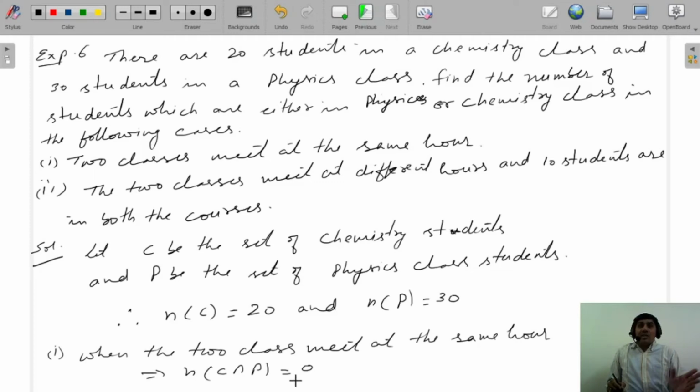So students who are in physics class and students who are in chemistry class cannot be the same. Therefore, n of C intersection P is equal to 0.